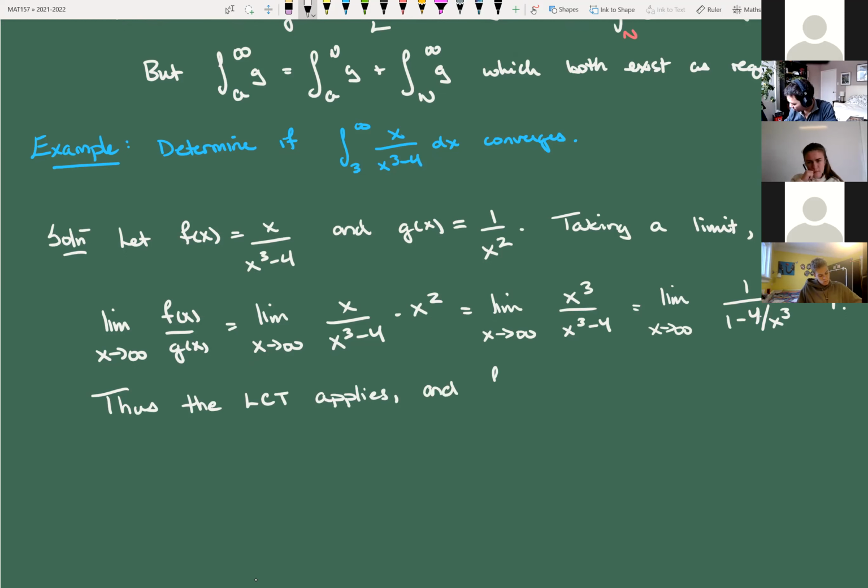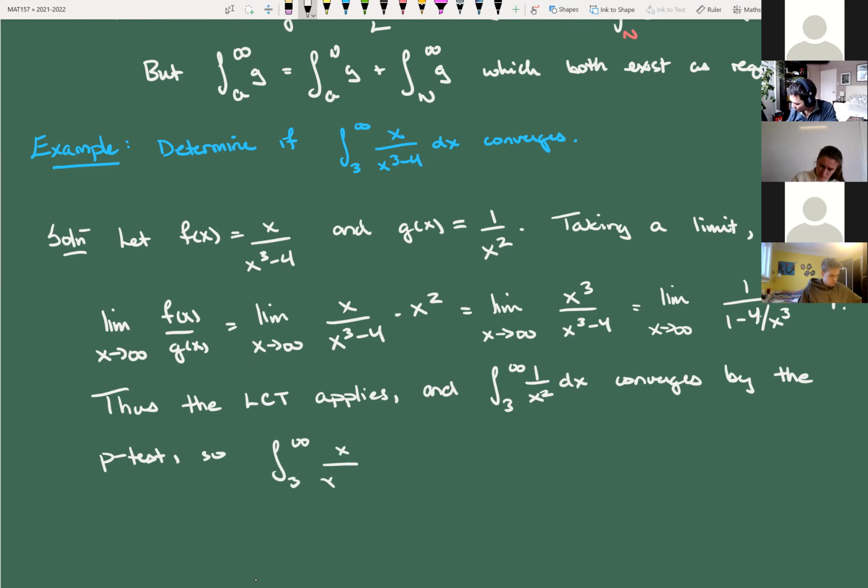And 1 over x squared, or I guess 3 over x squared, converges by the p-test. So this converges. Right?